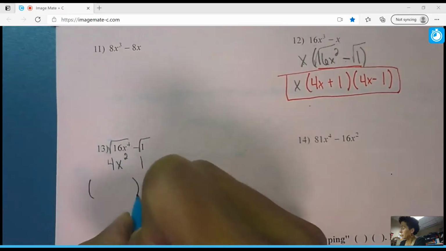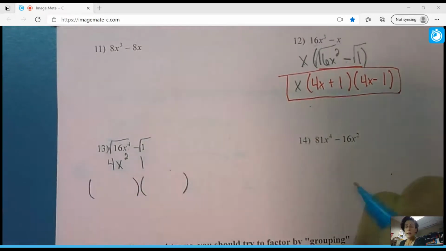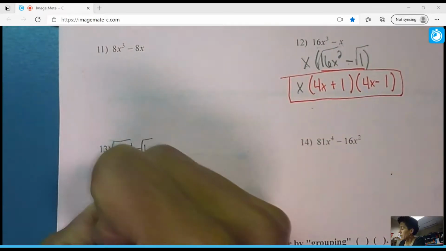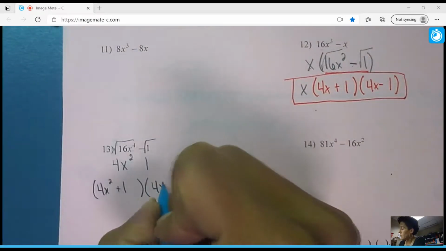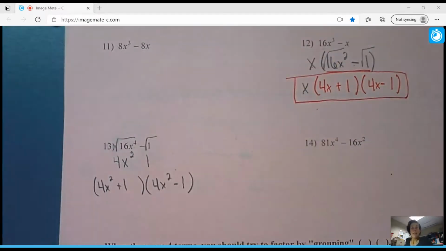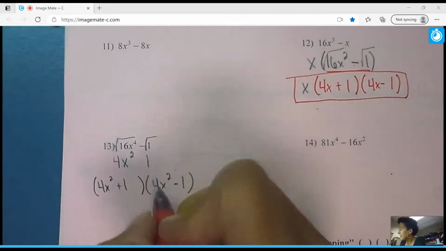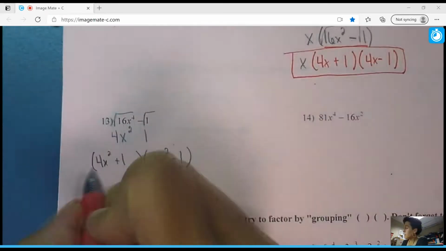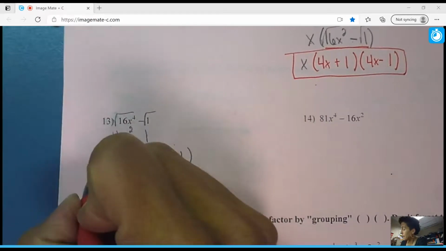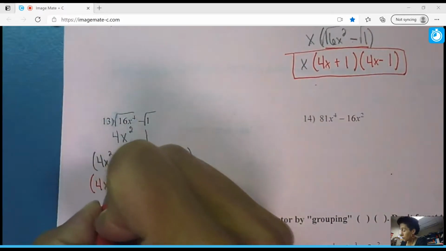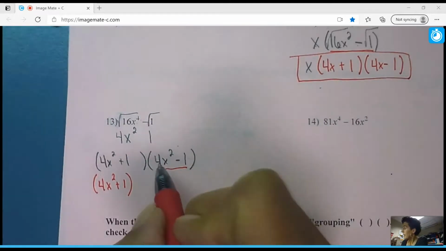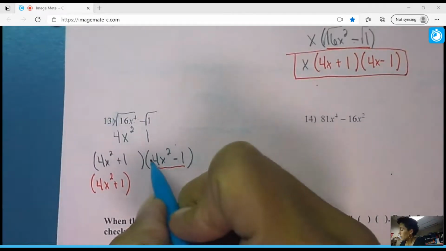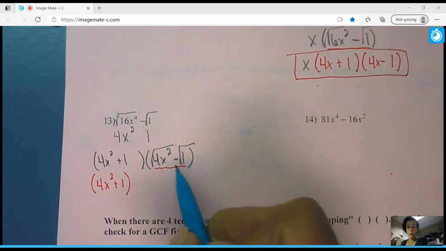So from here, I can put 4x squared plus 1 and 4x squared minus 1. And then one thing that's going to happen quite a bit in this chapter is you're going to think you're done factoring, but actually you're not, because this is another difference of squares. So while this one's not because it has a plus, and it would just drop through, carry down, whatever you want to say, 4x squared has a square root, and 1 has a square root, and there's a difference.